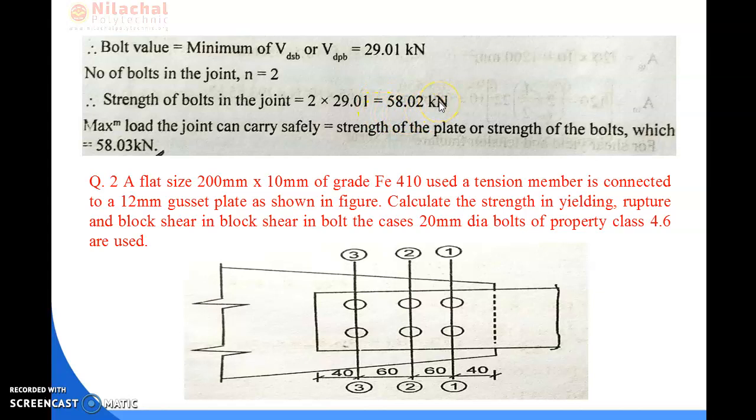Okay. So now the maximum load the joint can carry safely, that is the strength of the joint in case of tension member, will be the minimum of the strength in plate and strength in bolt.